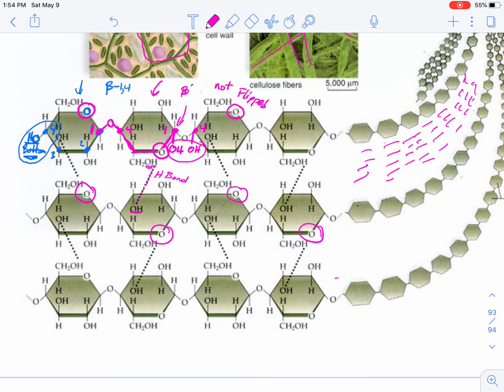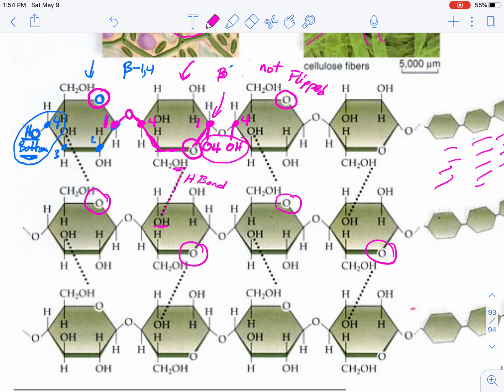So it's crazy to think that one little thing, such as alpha and beta, has such a tremendous global effect that dictates whether that specific polysaccharide can be used as a source of energy, or it can be used for structural support, like, for example, the creation of the cell wall. And it's only from this idea of alpha and beta.